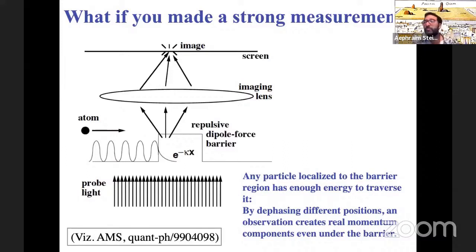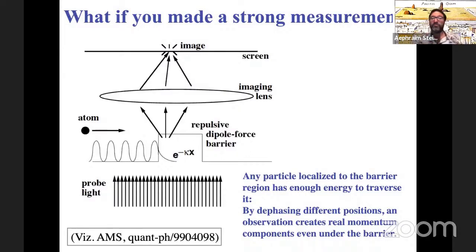And I very glibly said, well, if you strongly measure whether the particle is in the barrier or not, whenever you find it in the barrier, you, so to speak, collapse it to a wave packet inside the barrier, which automatically has enough energy to exist under that potential, or above that potential, I should say.